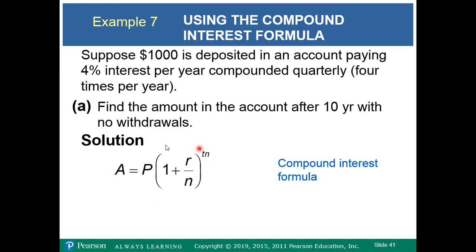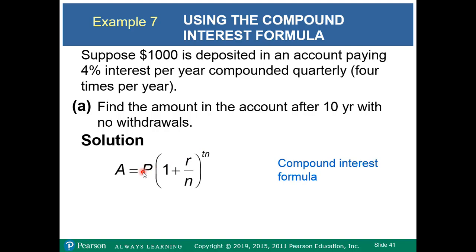So this is an exponential formula, right? Here's the base, here's the exponent, and here's just some other constant. Okay, so R is going to be 0.04, N is 4, T is 10, and P is 1,000.